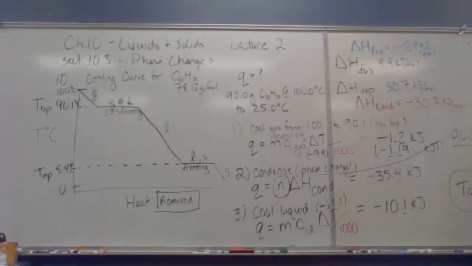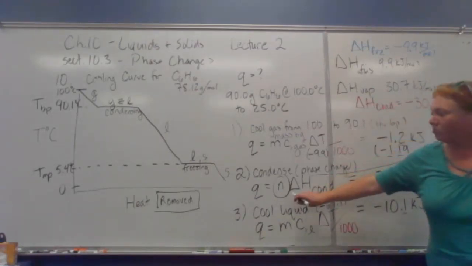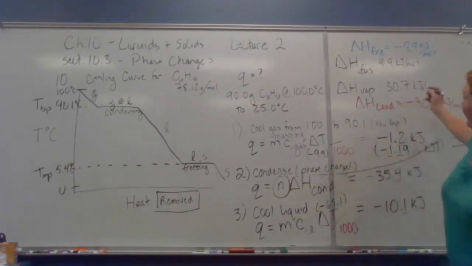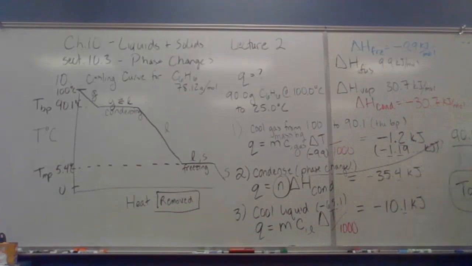2 sig figs. Same thing on this step. You're multiplying a number that has 3 sig figs times a number that has 3 sig figs, so your answer rounds to 3 sig figs. Same logic down here.